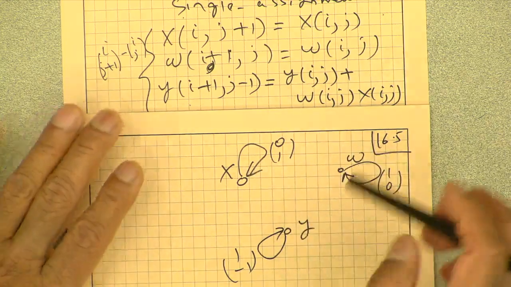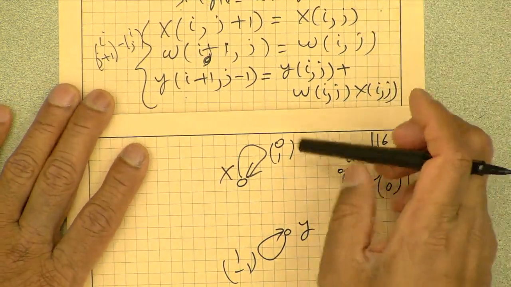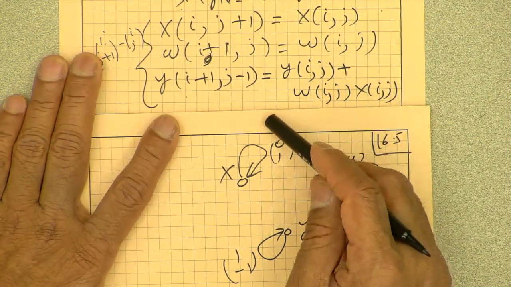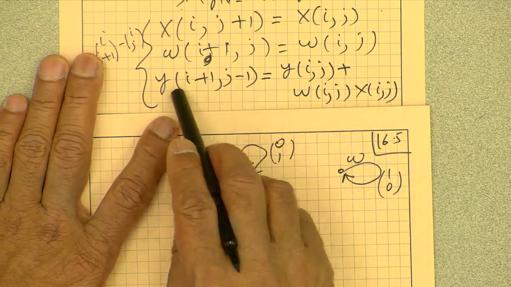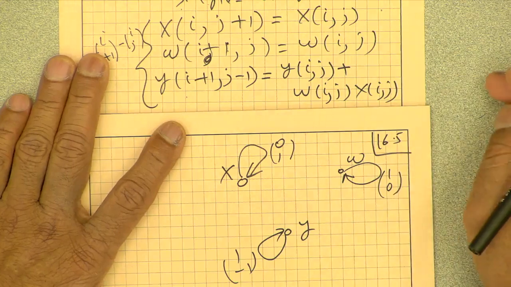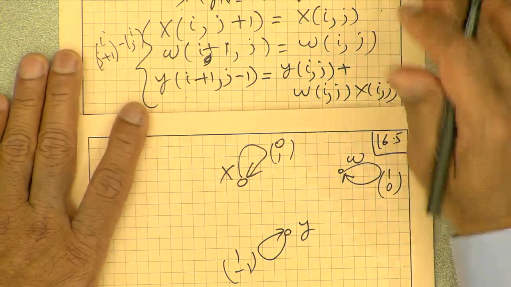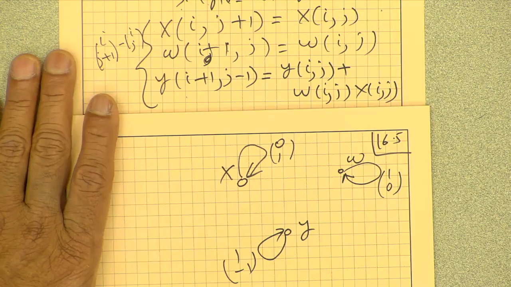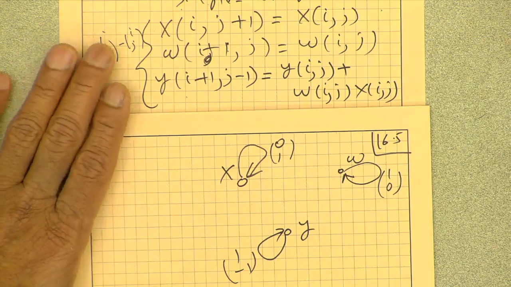These are the fundamental edges. But there is more than that. I also need to show the dependence between y and w and y and x. I think there is something wrong.